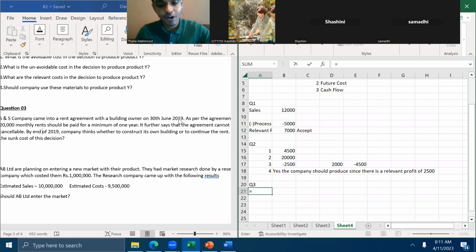The past rent of 20,000 into 6 would be the sunk cost of 120,000. I hope you all understood this area. Sunk cost එකයි unavoidable cost එකේ වෙනස තේරුම් ගත්තා කියලා මම හිතනවා.